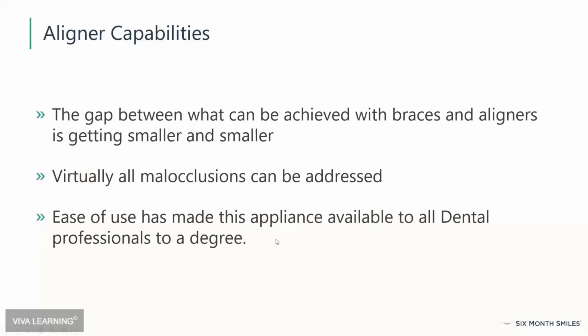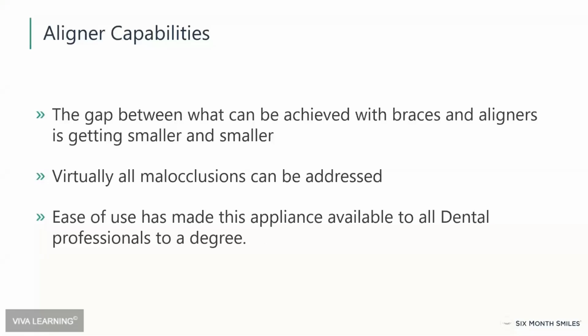The aligner capabilities, well, it's obvious that if you have done, or if you're in contact with orthodontic appliances, you will see that the gap between braces and aligners is getting smaller and smaller. In other words, everything that you can achieve with a fixed appliance, pretty much you can achieve with aligners now.